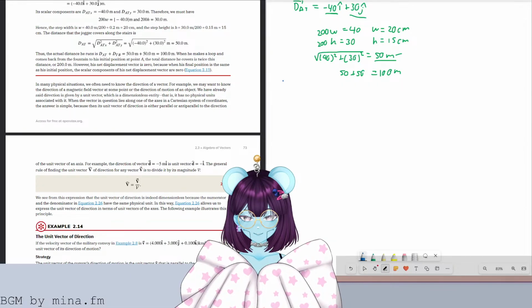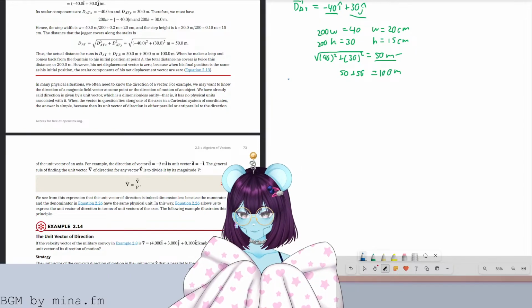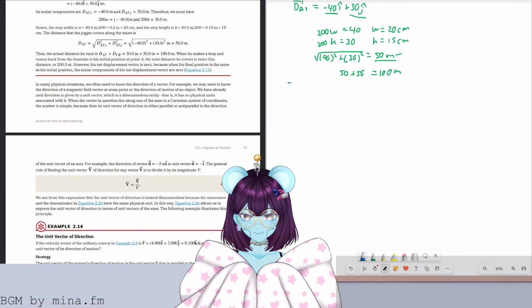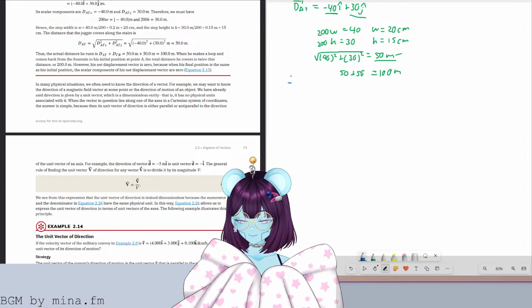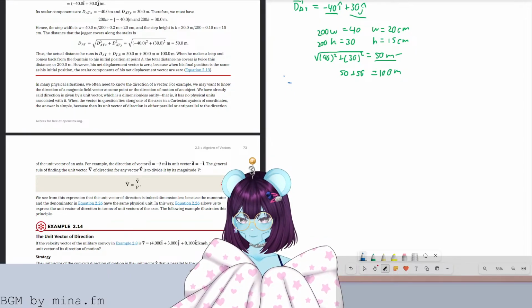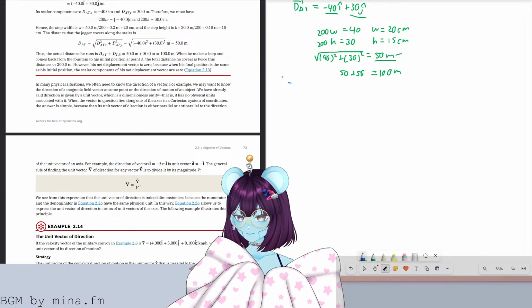Alright, what am I doing? Okay. The answer is simple because its unit vector of direction is either parallel or antiparallel to the direction of the unit vector of an axis.